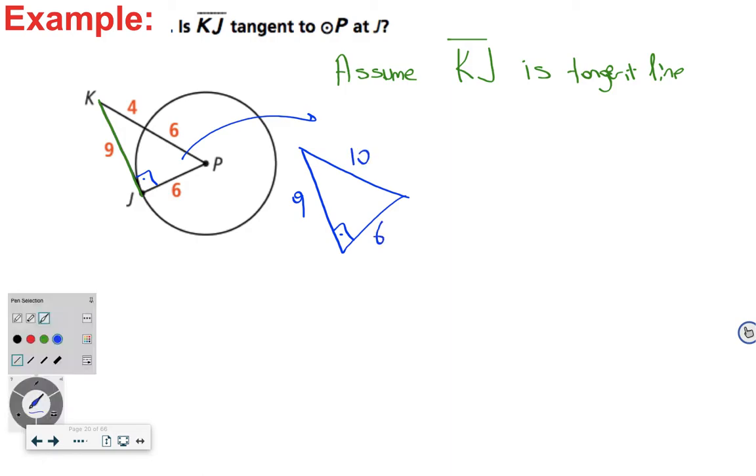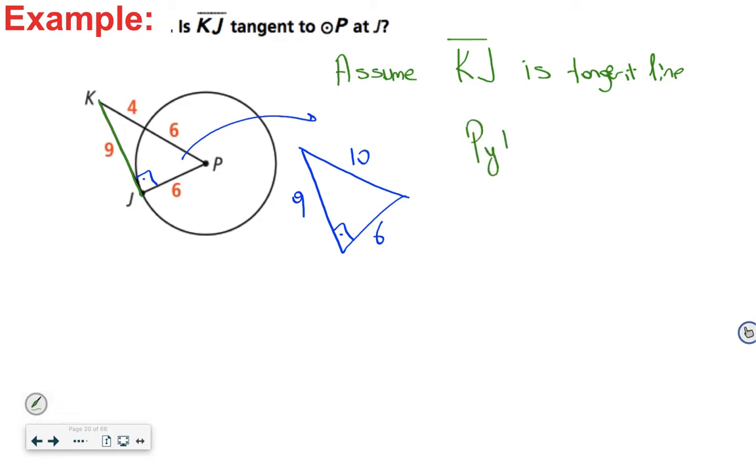If you have a right triangle, then you need to prove the Pythagorean theorem. If you can prove the Pythagorean theorem with these lengths, then you can say KJ is the tangent line.